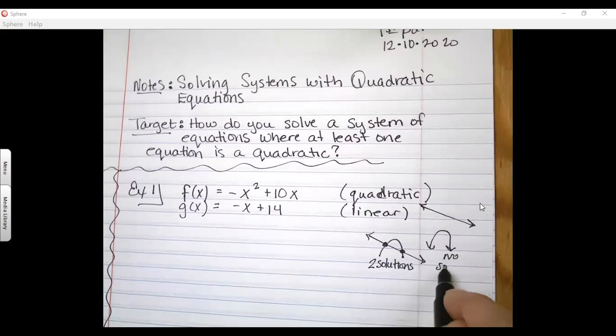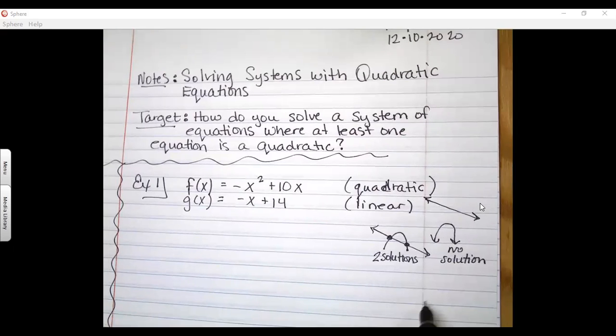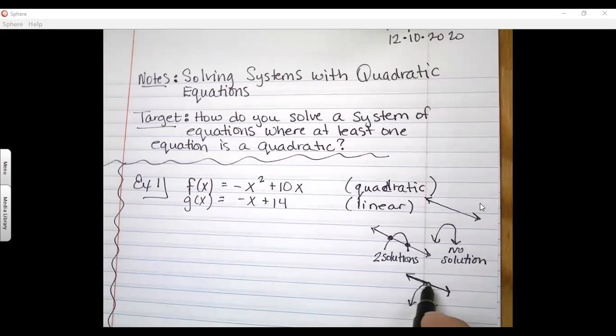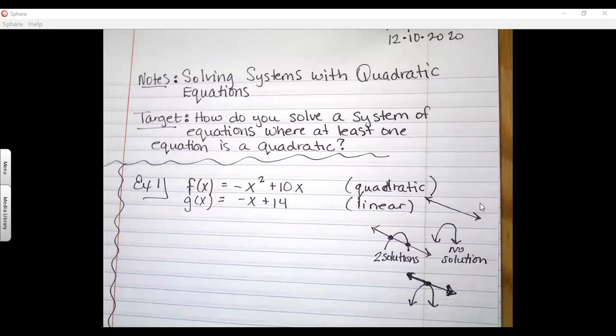Or say that the line intersects the parabola right on the vertex. How many solutions would you have then? Just 1 solution. So we have to figure out, if there is a solution, what is the solution? Okay?